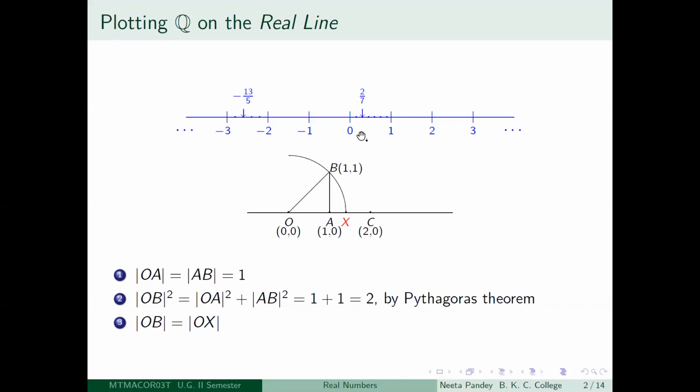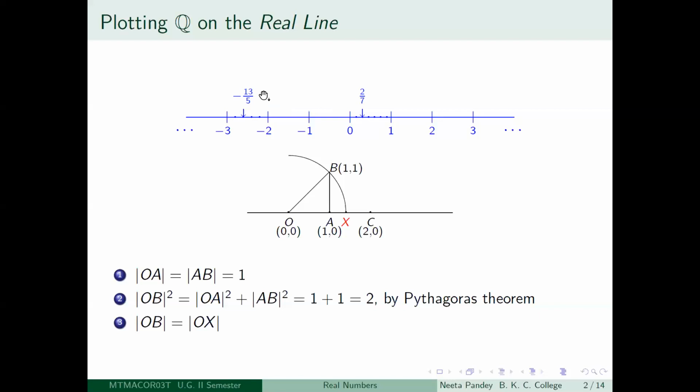So look at this line segment which is between the points corresponding to 0 and 1, and you partition it into 7 equal parts. Then you want the 2 parts out of 7 parts. So starting from 0, look at the first part and then the second part. The point which is at the end of the second part is the point which will correspond to 2 by 7.